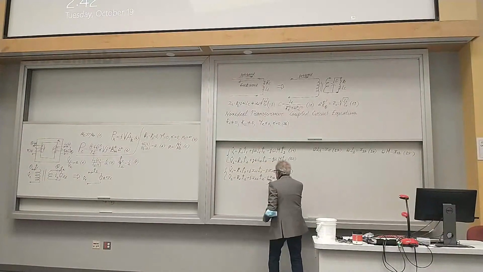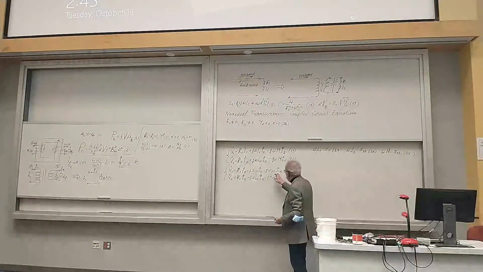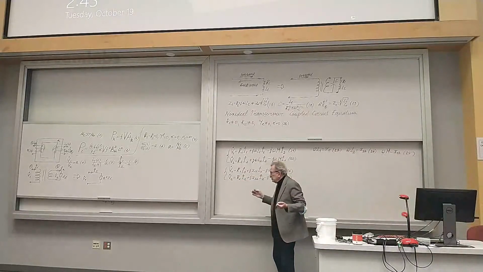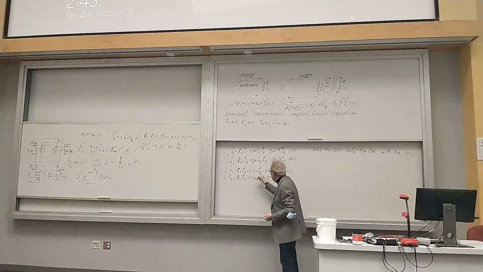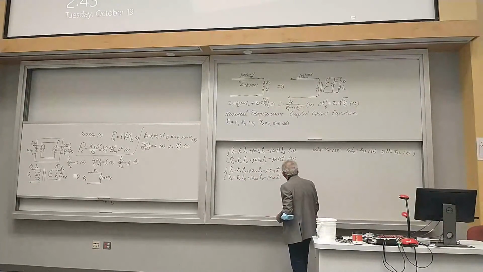So the first step is to find the current I sub 1. How will I find it? I will move this term to the right-hand side. And then I will factor out I sub 1 and divide by R sub 1 plus J X sub 1, 1.